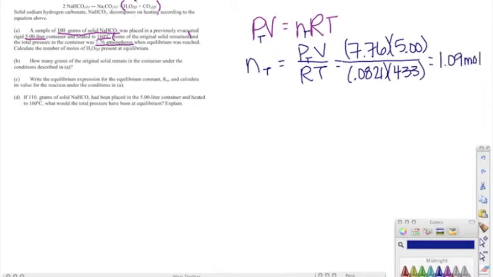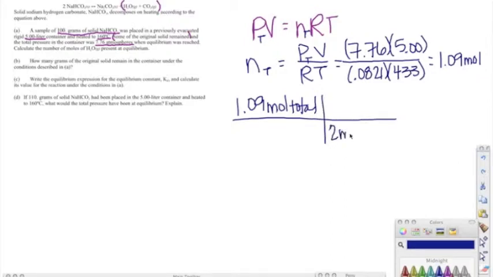Now, this is total moles of gas. We have 2 moles of gas that are going to be formed in this reaction if we're just looking at coefficients here, 1 mole of water, 1 mole of carbon dioxide. So if we want to convert this into just moles of water, well, we can say 1.09 moles total, and in our equation we have 2 moles total, and 1 of those moles is going to be water.